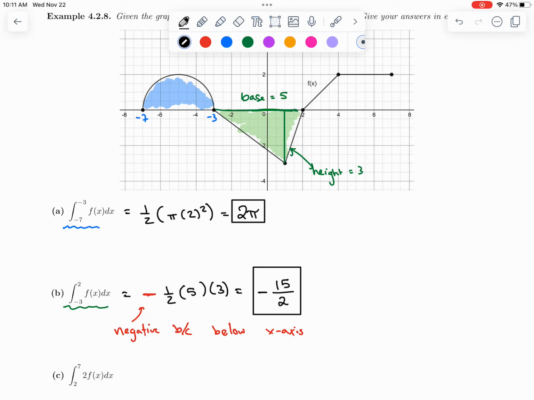Like when you take the square root of both sides, you do the plus and the minus. And we just ignore the minus sign in a real world sense because that minus sign doesn't make any sense. But in a purely mathematical world, that minus sign is important. That's why it's negative 15 halves.